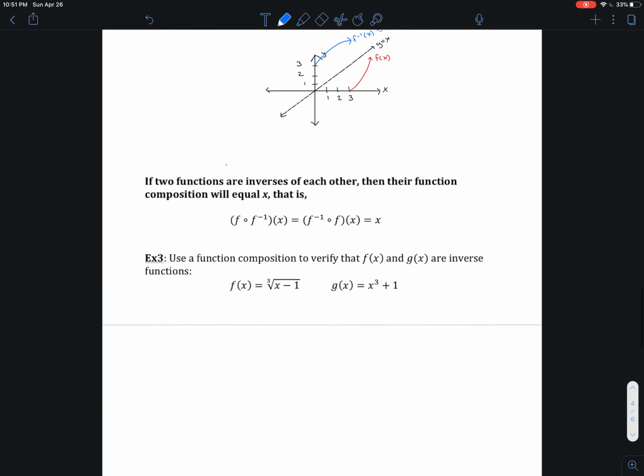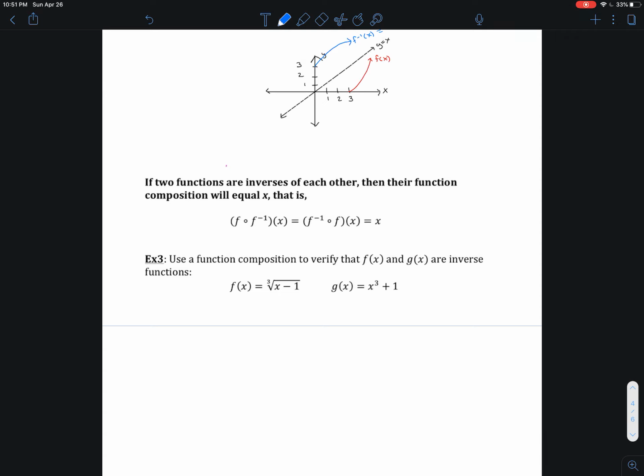Okay. Last thing, if two functions are inverses of each other, then their function composition, or the composite function, will equal x. That is, f of f inverse of x equals f inverse of f of x, and both of those equal x. Take a look at example 3.